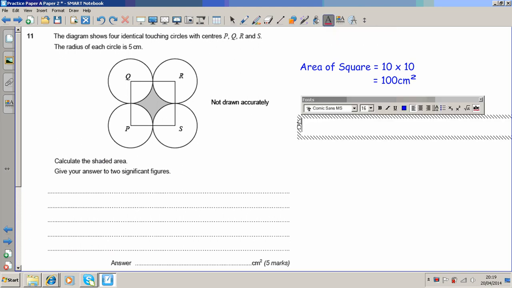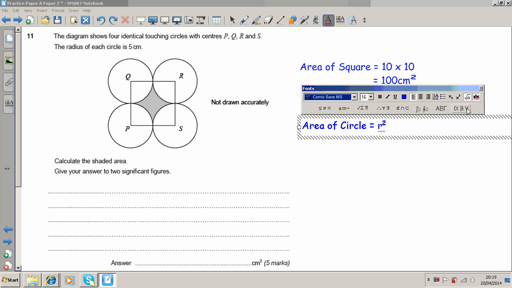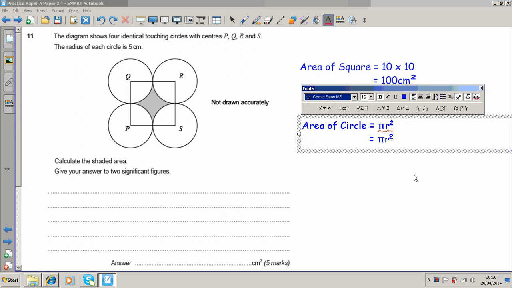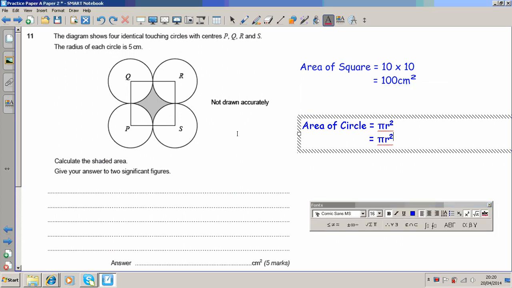Sorted. Now, area of circle is, what's the area of a circle? And the area of a circle is pi r squared. Okay, so now if I can work out the area of one of these circles, actually that's the same as the 4 white areas because each one is a quarter circle. Now the radius is 5.